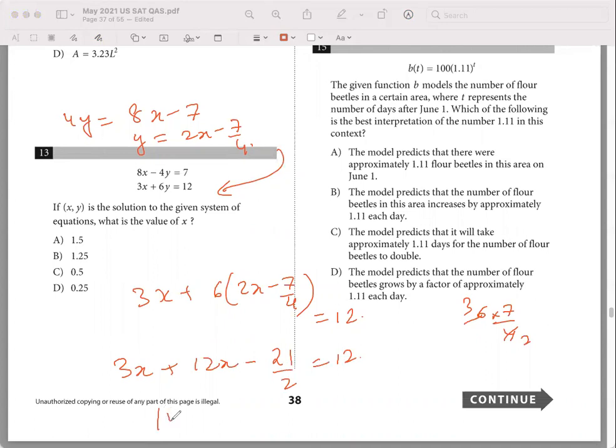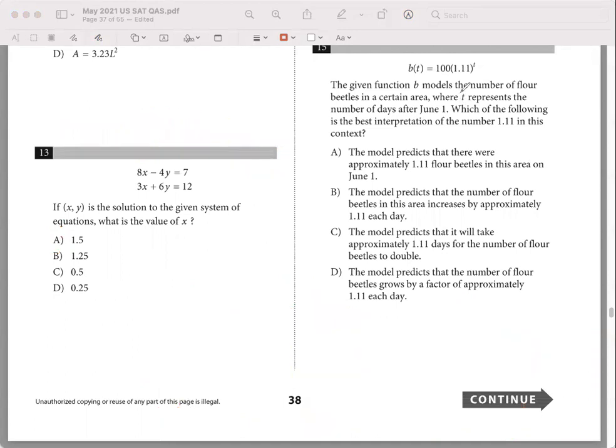So 15x is 12 plus 21 by 2, which is 24 plus 21 by 2, 45 by 2. 15 into 3, so x is 3 by 2, which is 1.5. Okay, so that's option A. Let's just choose option A.